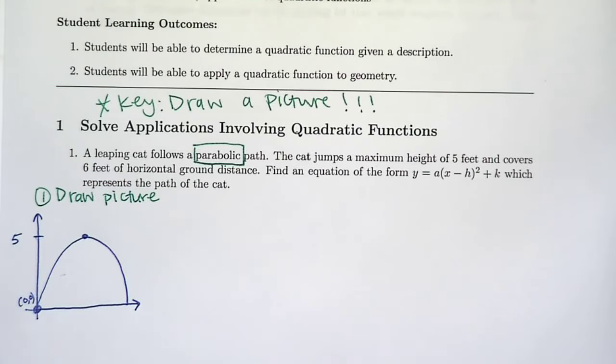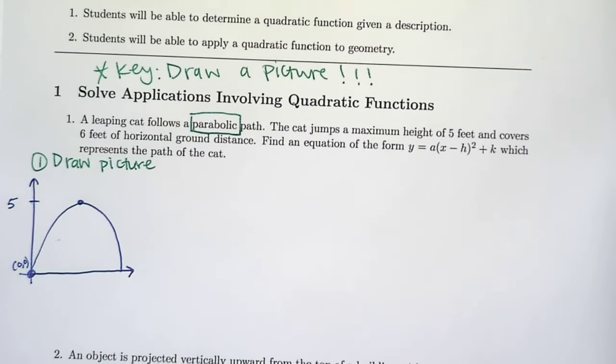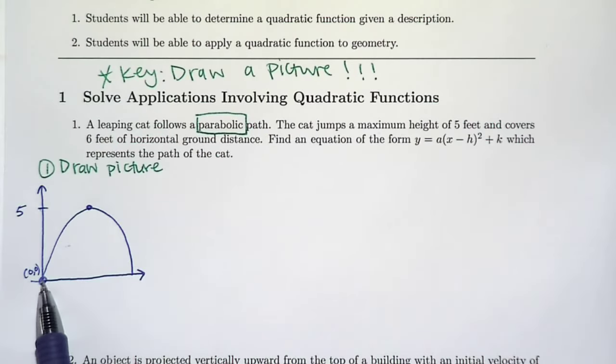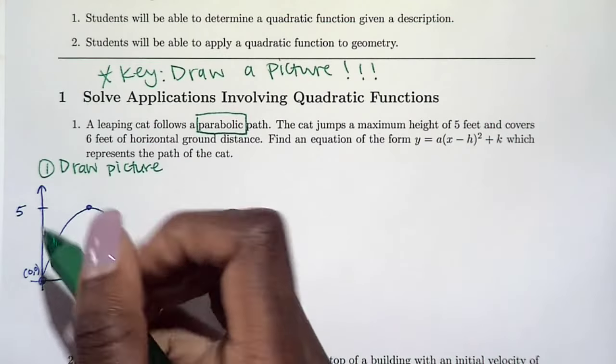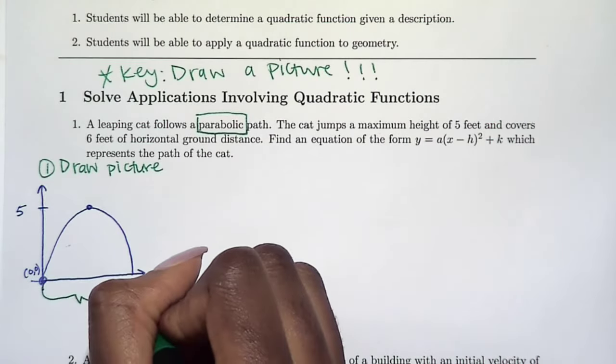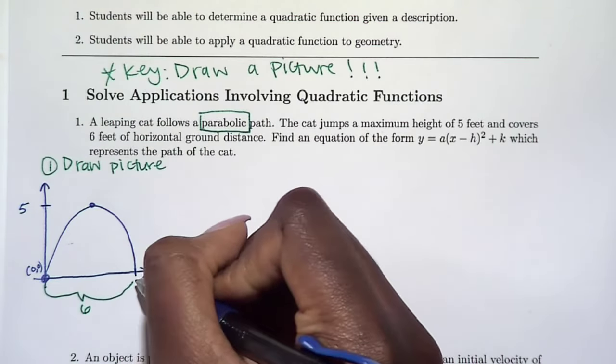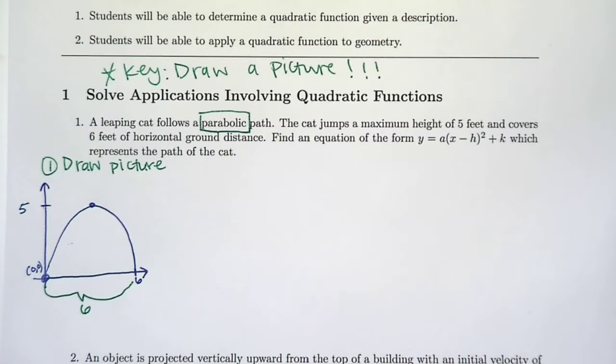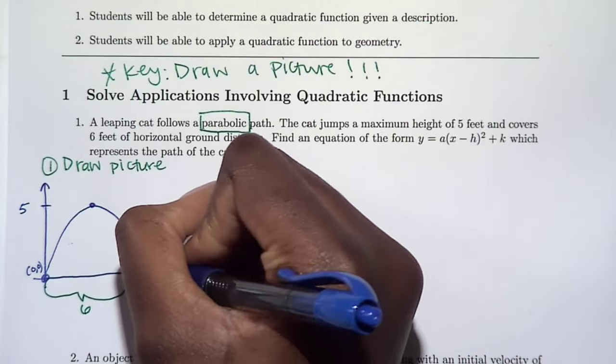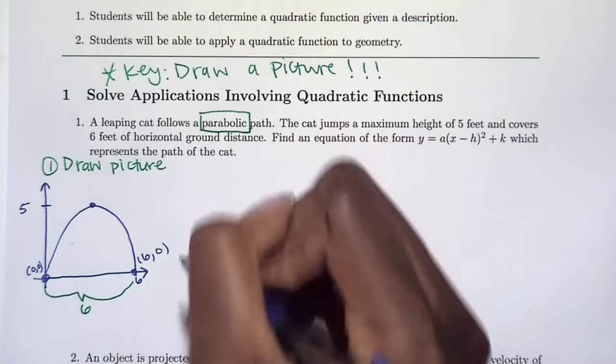It also says it covers 6 feet of horizontal distance. So the cat goes from here to here. Horizontal distance is 6 feet. So what does that tell us about this x value? It's 6. And this point is 6, 0.